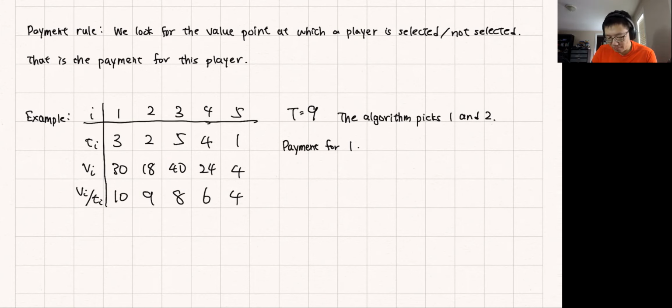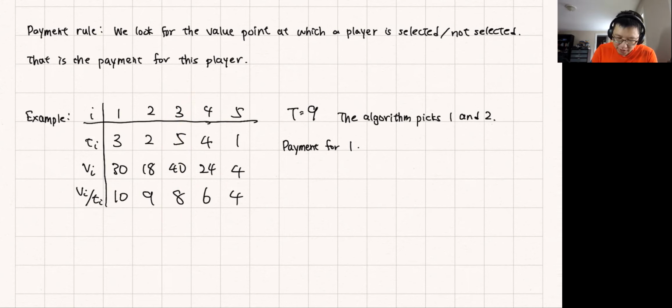If it's 15, then it has value density 5, which is over there, and it is definitely not picked. Then you go between 30 and 15, and maybe something in between, like 23. Somewhere in here, around 7.5, it will still not pick player 1. And you just keep going binary search style to find the exact payment for player 1.